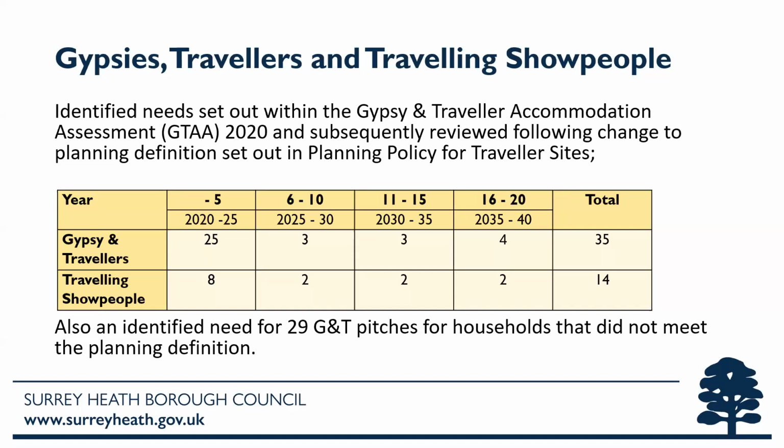As a result, the council has an identified need for 14 travelling show people plots and 35 gypsy and traveller pitches for those meeting the planning definition, in addition to 1 pitch for gypsies and travellers whose status is unknown and 29 pitches for those not considered to meet the planning definition.